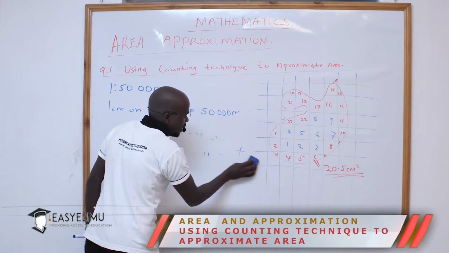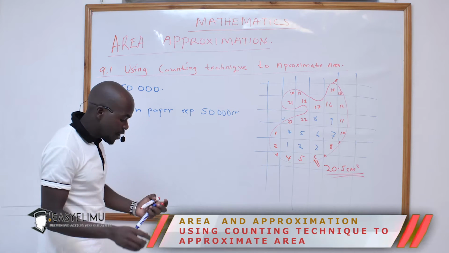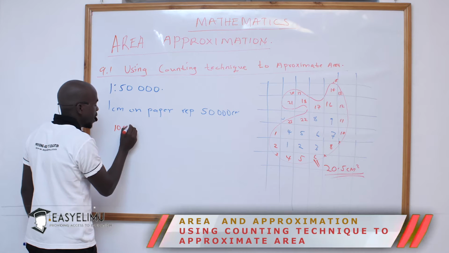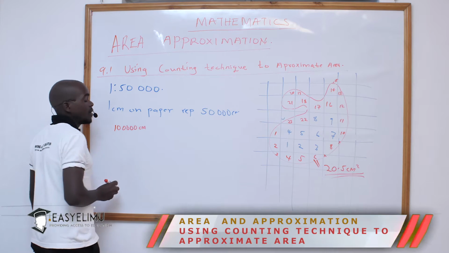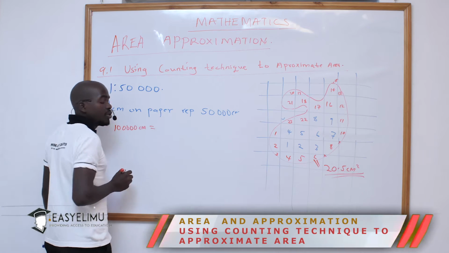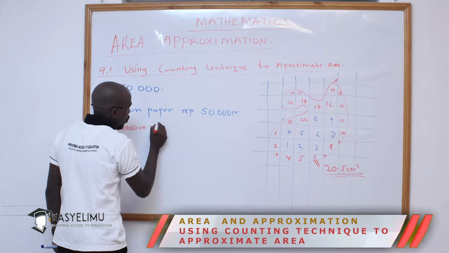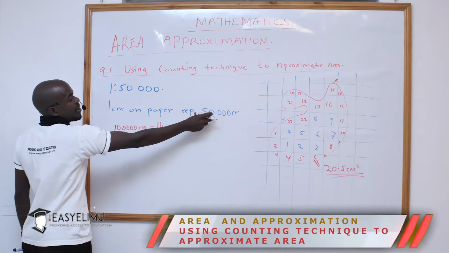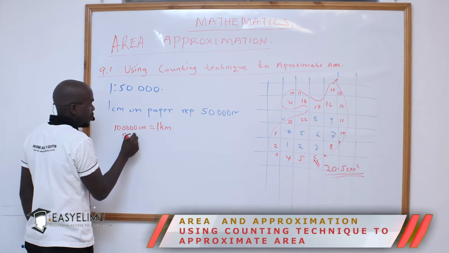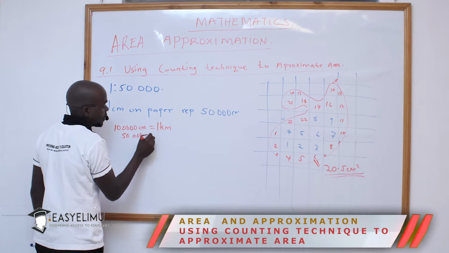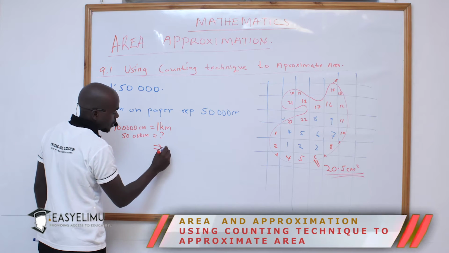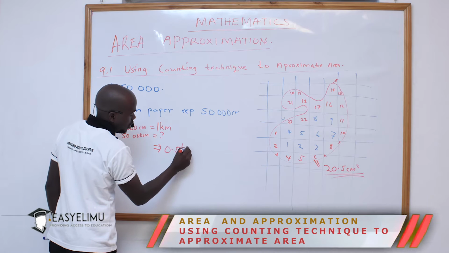We can find it another way. We know very well that 100,000 centimeters is equivalent to 1 full kilometer, and here we have 50,000 centimeters. We shall find it is equivalent to 0.5 kilometers.